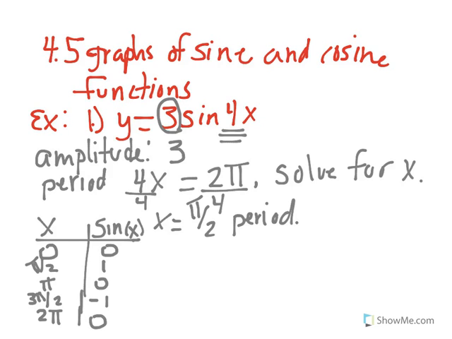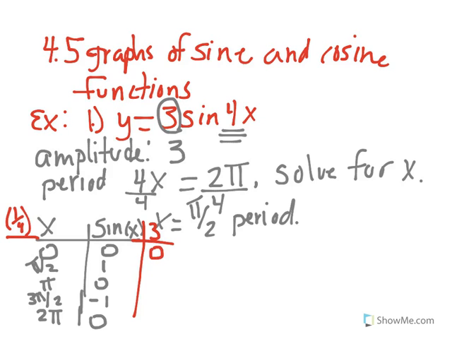And then what you could do, if you really wanted to, is just do your transformations based on what we know about transformations. Think about that 3. That's outside, that means it's affecting the y values. Think about that 4x. Normally we would say you'd multiply by the inverse, so you multiply both sides by 1/4. And then that's where you get all these answers.